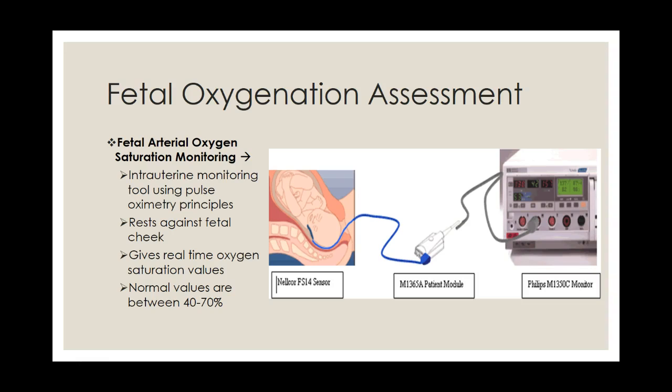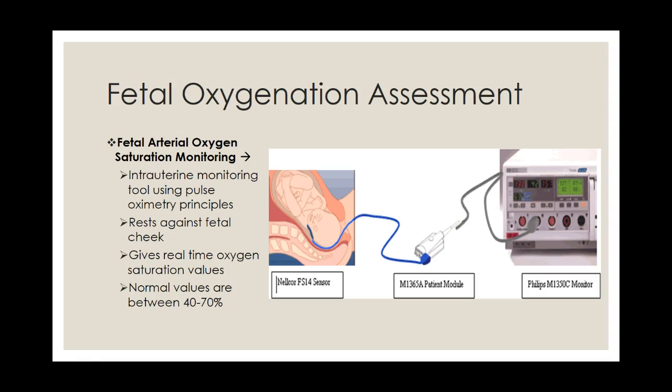It's also possible to do a fetal oxygenation assessment when the baby's in utero. There is something called a fetal arterial oxygen saturation monitoring system, and this does intrauterine monitoring of the fetus. It's a tool that uses pulse oximetry principles, and you insert it into the vagina.